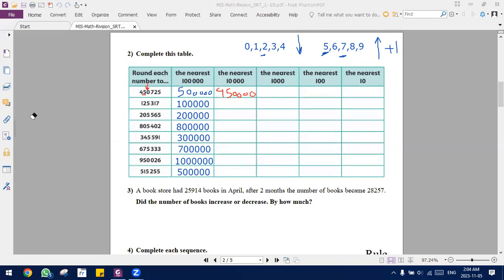Okay, next one. We underline 2, we check 5. 5 is round up, so 2 will be 3. So 130,000. Then 205, we check 5, 5 round up, so it will be 210.